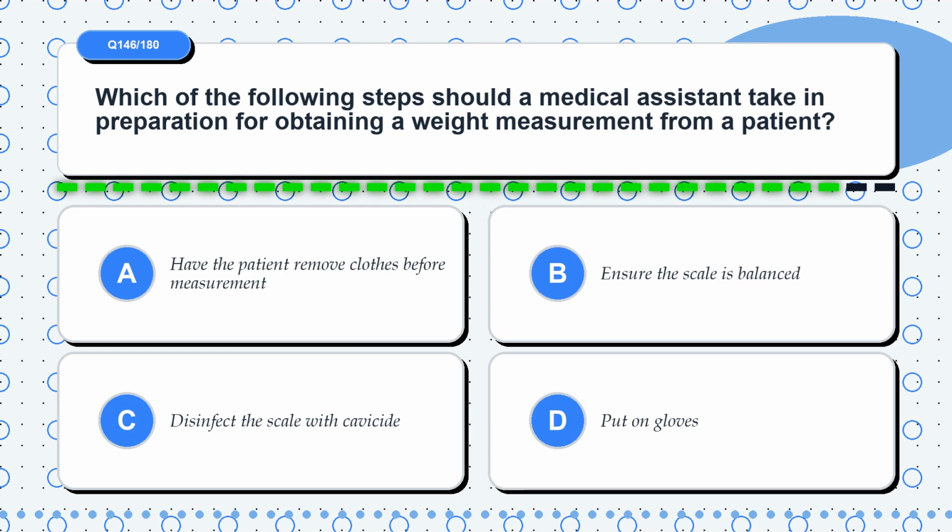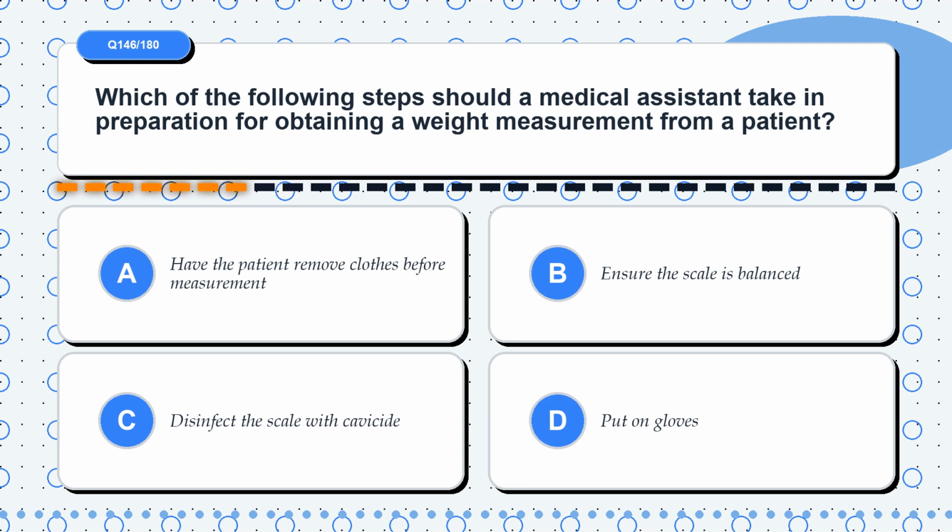Question 146. Which of the following steps should a medical assistant take in preparation for obtaining a weight measurement from a patient? Here are the options. Option A, have the patient remove clothes before measurement. Option B, ensure the scale is balanced.